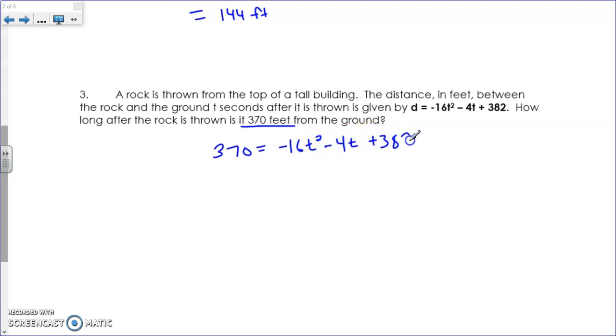If I asked you how tall this building was based on this formula, you should be able to tell me 382 feet, because the rock is thrown at the top of the building here, and we know the top of the building is our y-intercept. So that would be at 0, 382. Okay, so first thing I have to do is get it equal to 0.